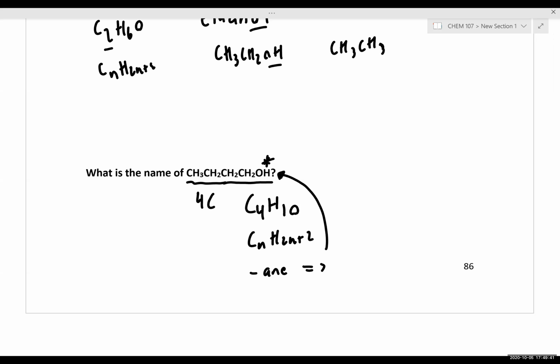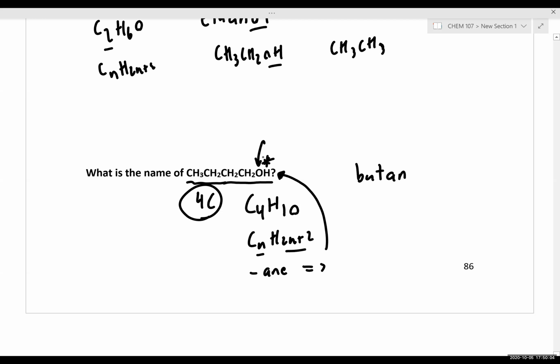So in this case, 4 carbons. What's the prefix for 4 carbons? But. Yep. So we name this as but. It's of the form CnH2n plus 2, so we name it as butane.